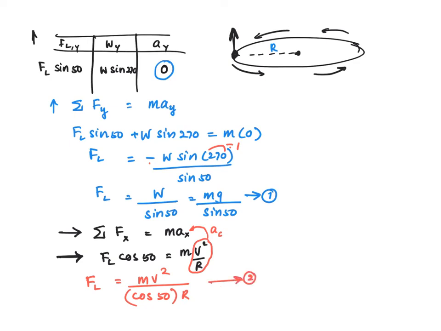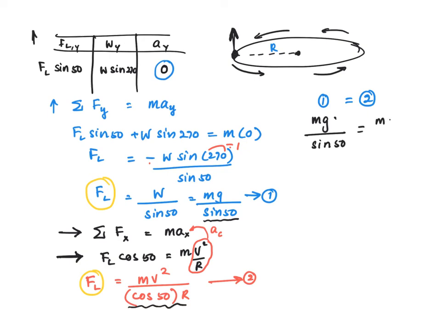Now you can see on the left hand side of these two equations you have FL and FL. So you can set equation 1 equal to equation 2. So when you are setting equation 1 equal to equation 2, from the right hand side I am just taking this part here, that would be mg divided by sine 50, and the other side I am taking the right hand side, mv square over cosine 50 times r.